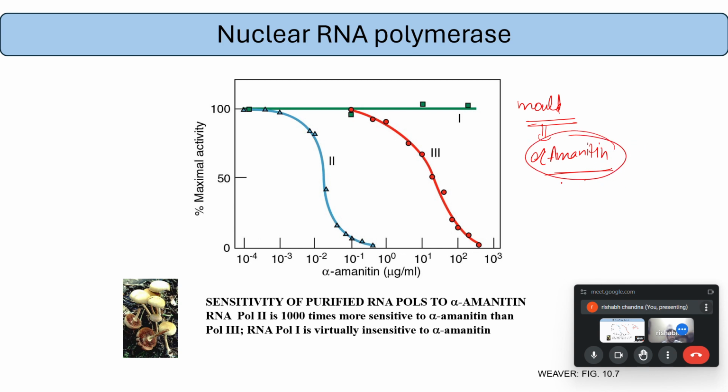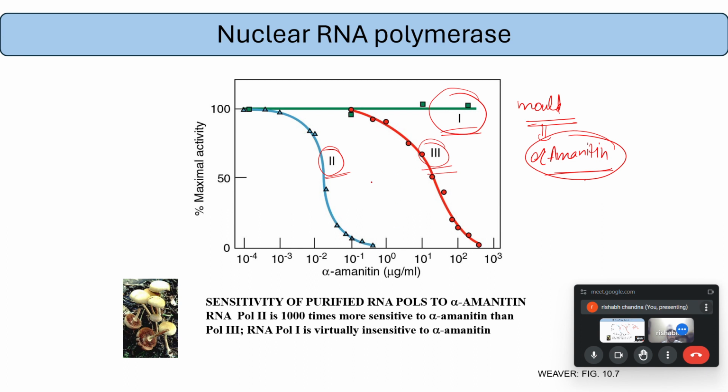this toxin. Based on this figure, we can figure out that RNA polymerase 1 is least sensitive, or basically insensitive, to alpha-amanitin. RNA polymerase 2 is the most sensitive to alpha-amanitin, followed by RNA polymerase 3.